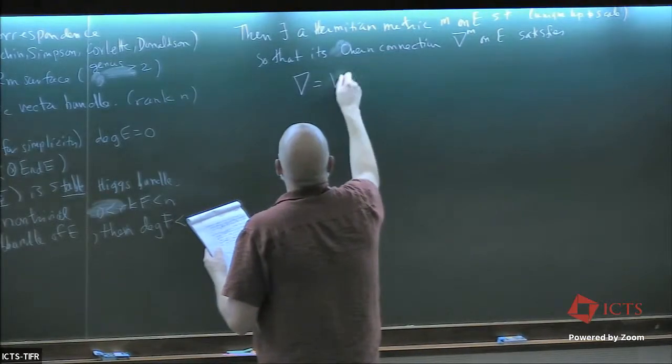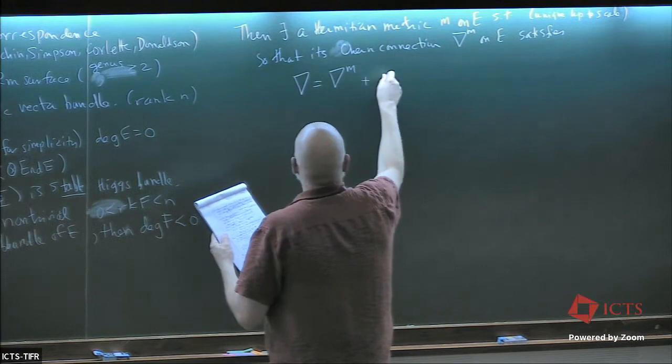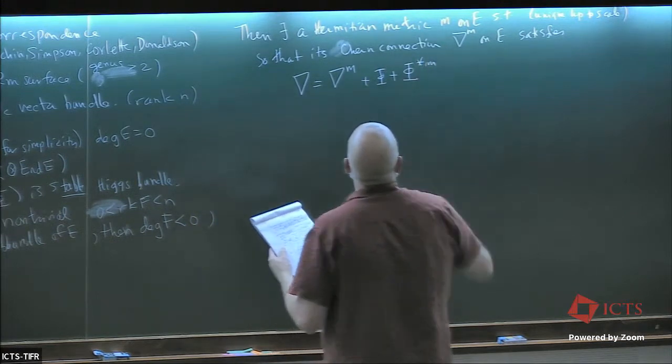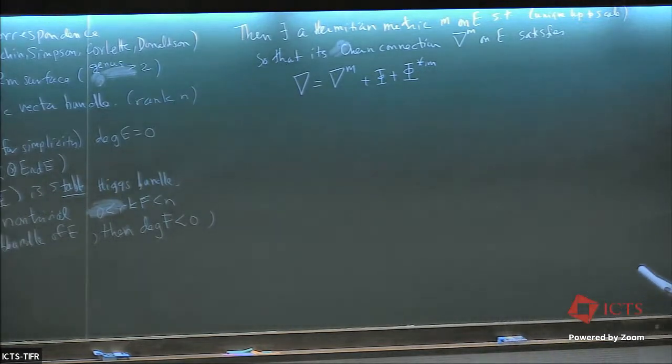We're going to make a new connection out of the Chern connection, nabla m plus phi plus the dual of phi with respect to the metric.